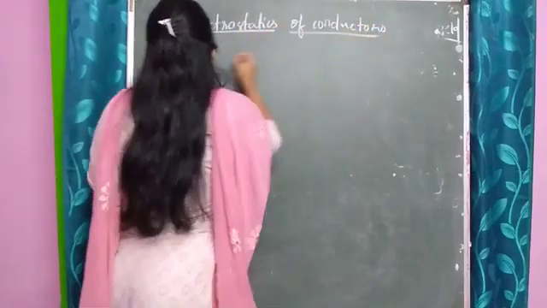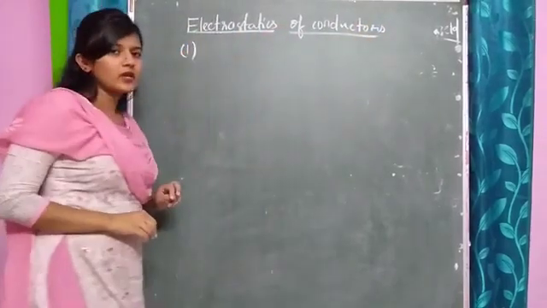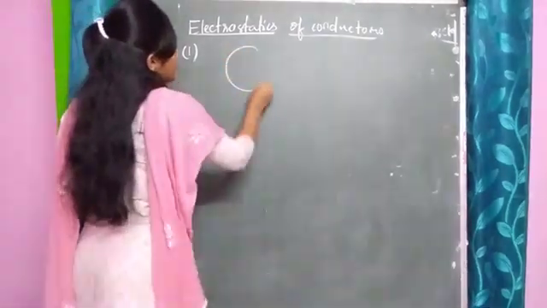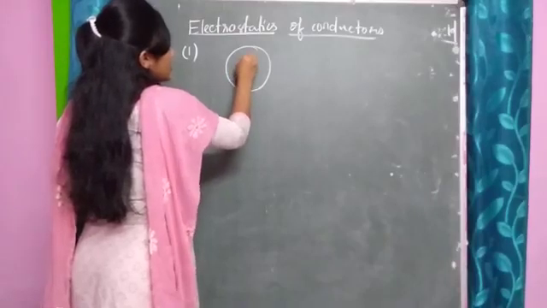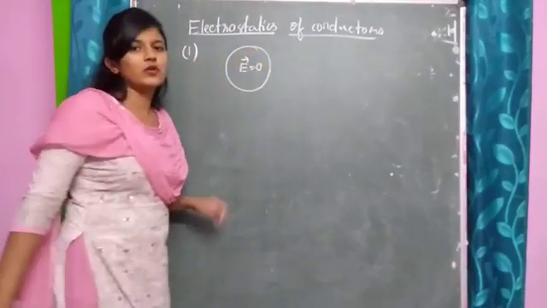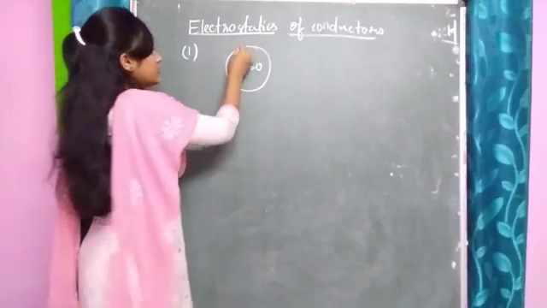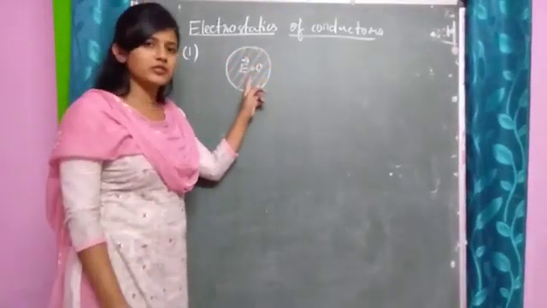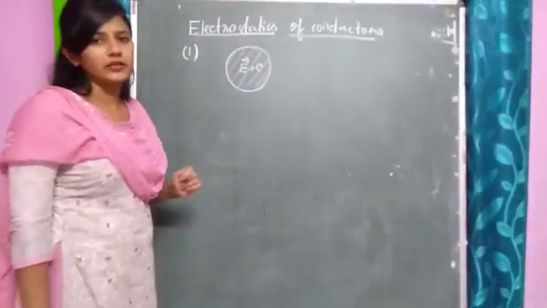Your first point is that the electric field inside a conductor is equal to 0. If there is a conductor, then the electric field must be 0 inside it.